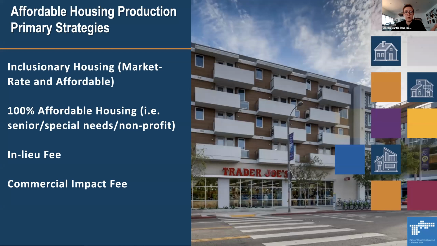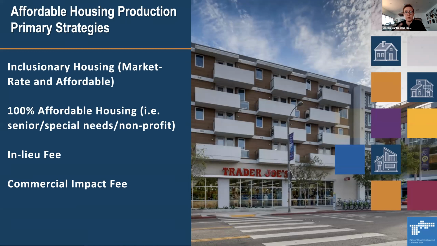There are really, in order to create housing in the city of West Hollywood, these are our 4 main tools to create housing. So our inclusionary policy in the city of West Hollywood is any multifamily building that has 10 or more units, 20% of the units in that building have to be on site and set aside for affordable housing.